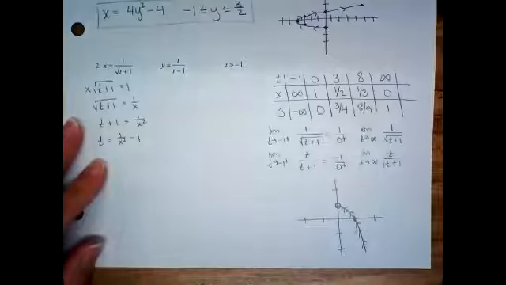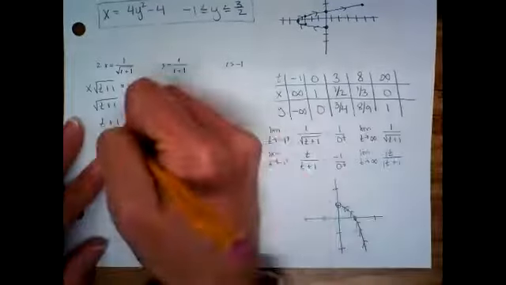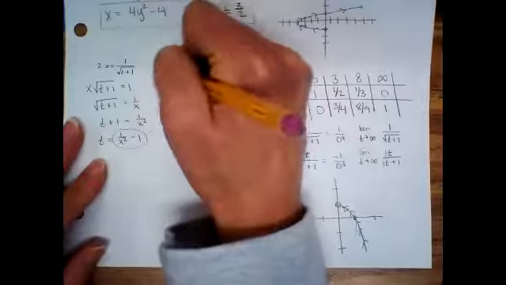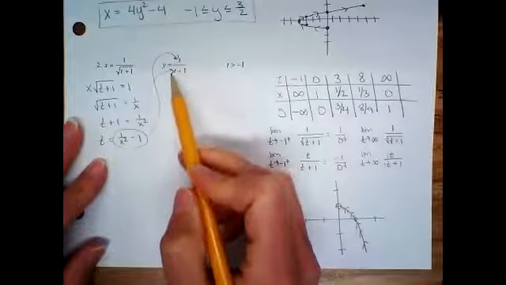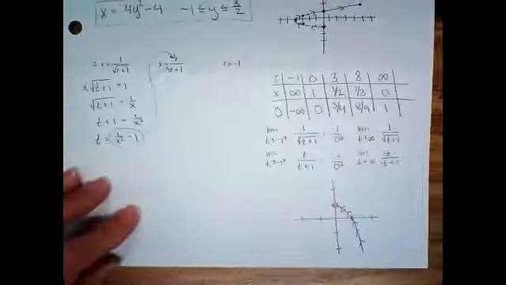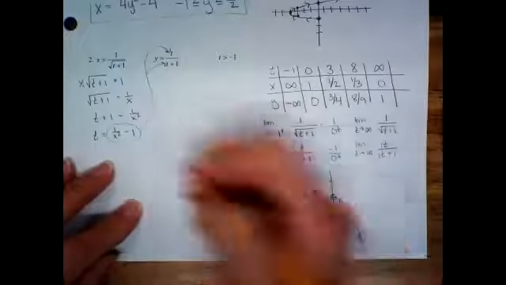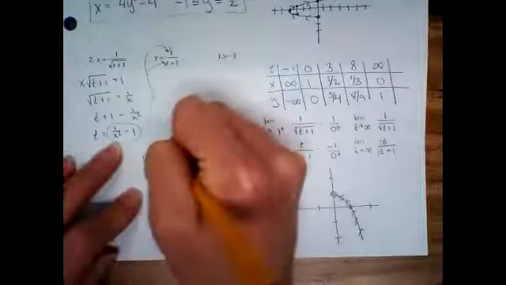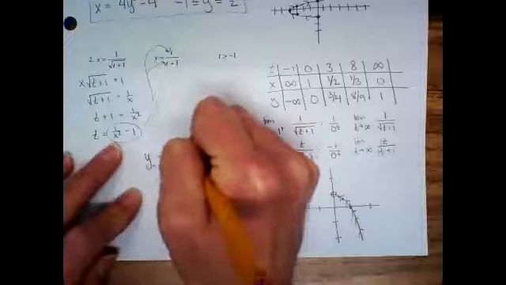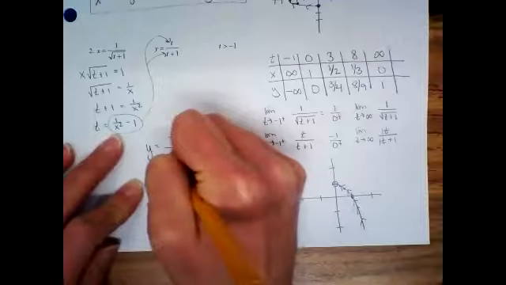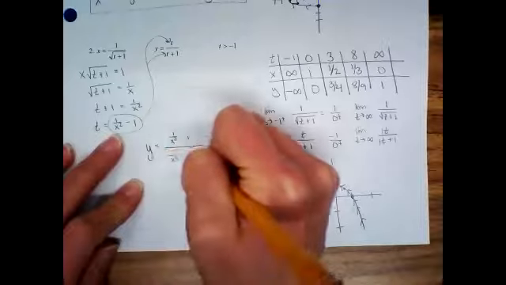That wasn't too bad, right? Survived that, okay? And then you're going to take that and plug it in for t, for both of them in the other equation. This is going to look messy for a second, but then some stuff's going to cancel and it's not going to be too bad, right? So that'll give us y equals 1 over x squared minus 1 over 1 over x squared minus 1 plus 1.